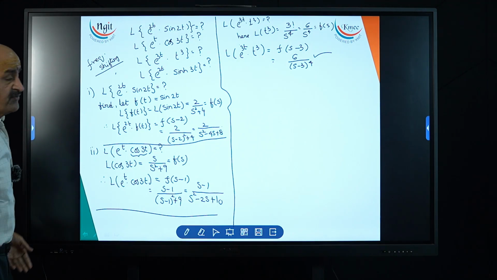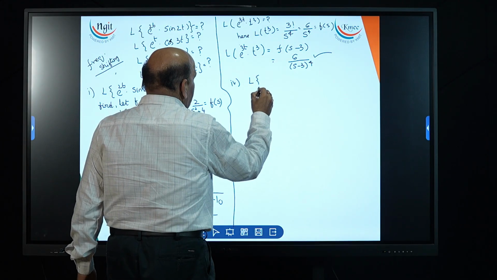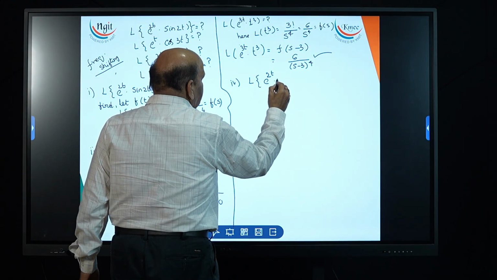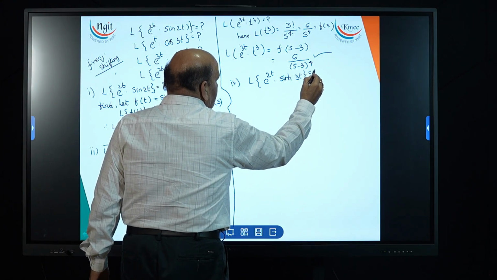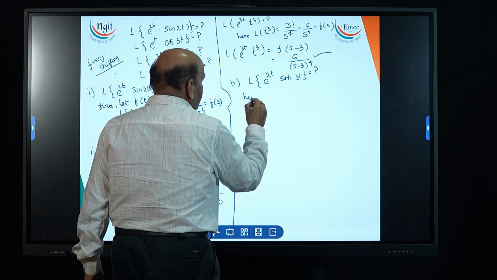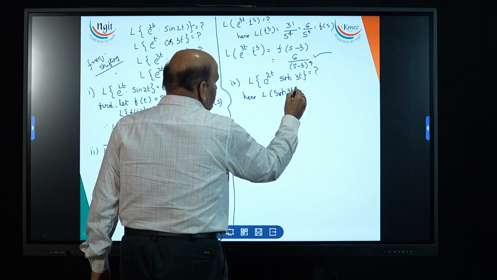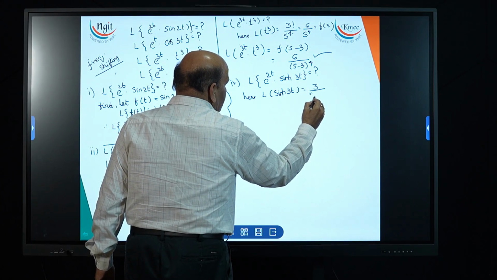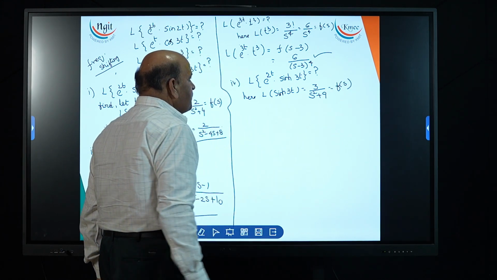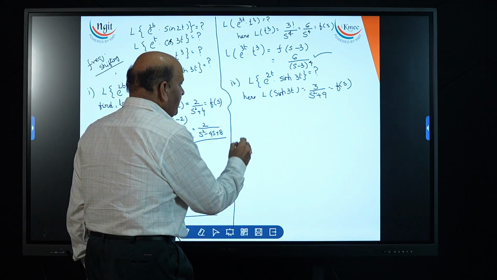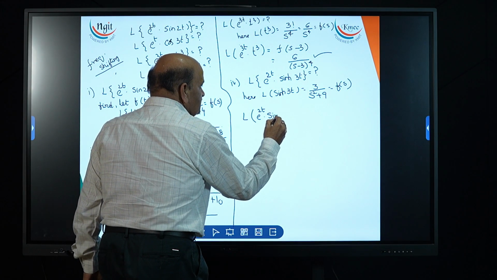Now, go for the fourth one, Laplace transformation of e power 2t into sinh 3t. First, Laplace transformation of sinh 3t is a by s square minus a square, that is 3 by s square minus 9. Let it be f of s domain. Now you have to find e power 2t into sinh 3t.